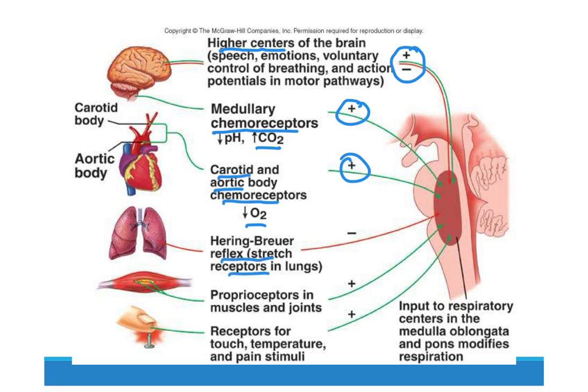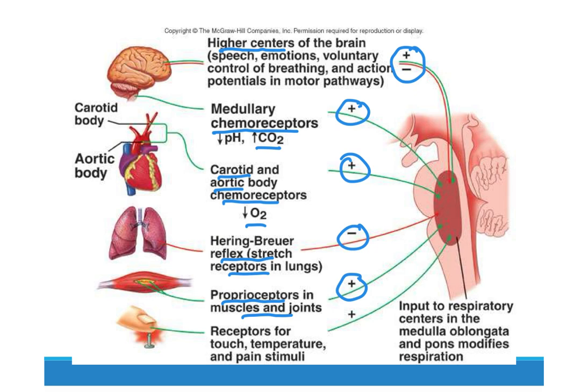You have stretch receptors in the lungs that will decrease breathing rate if you're breathing too hard and too fast and might cause damage. You have proprioceptors in your muscles and joints that will increase your breathing rate. That's how your body figures out that you're exercising, that your joints and muscles are moving more, and so that will increase your breathing rate in response.